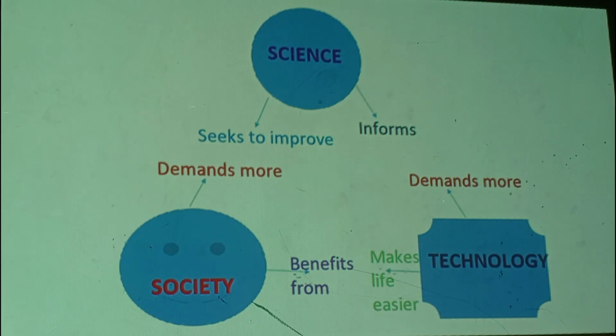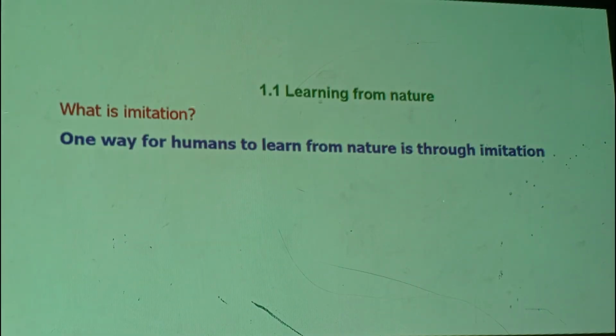All of this is science. Science informs technology so that the information can be used. Science seeks to improve human life, society, and its problems. Therefore, these are interrelated.